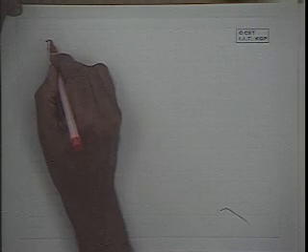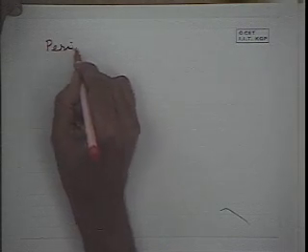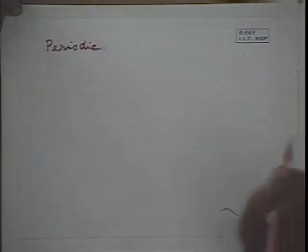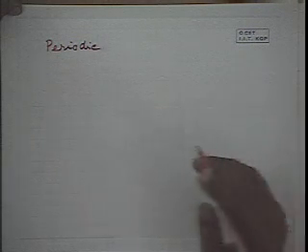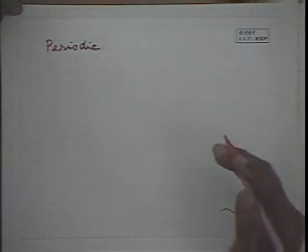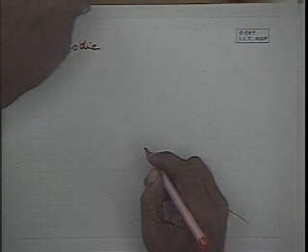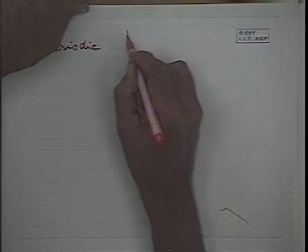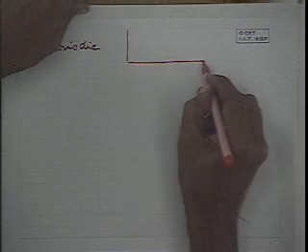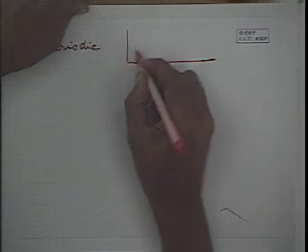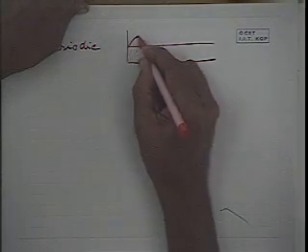Now whenever we have a continuous signal, we can define it as periodic. Periodic means the signal is repeating at some regular interval. For example, this is a sinusoidal wave.